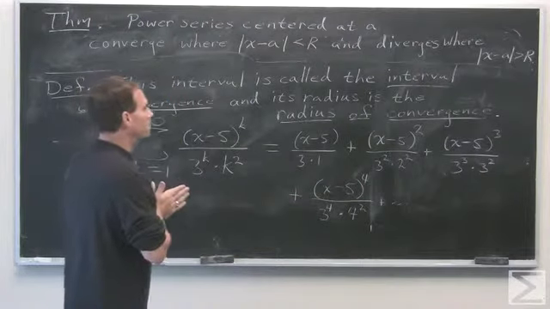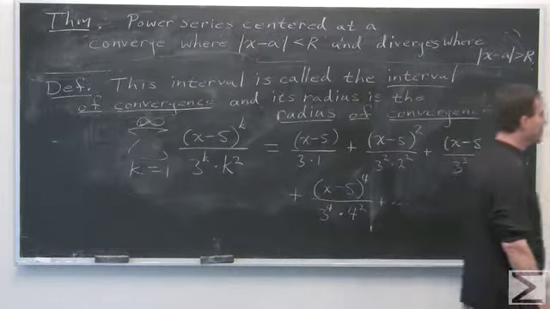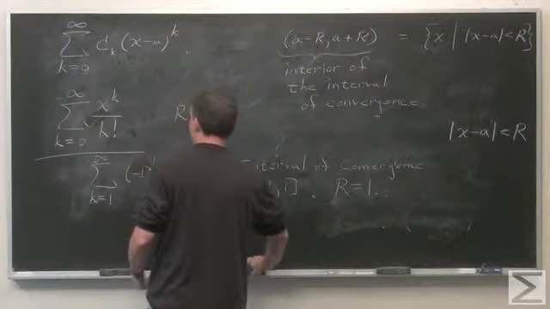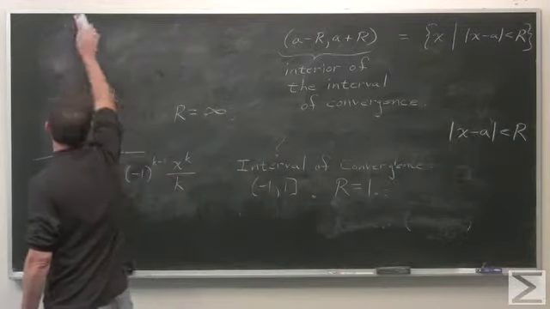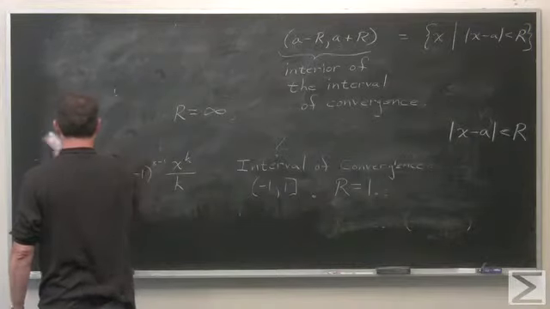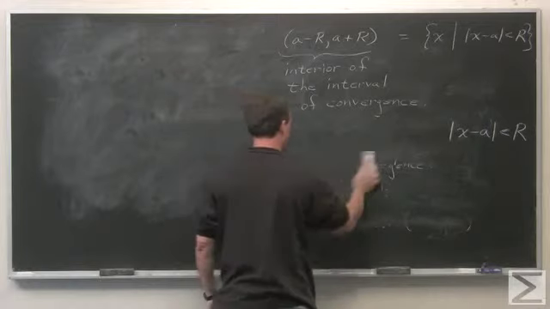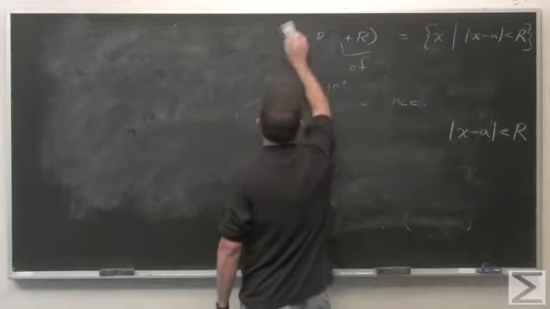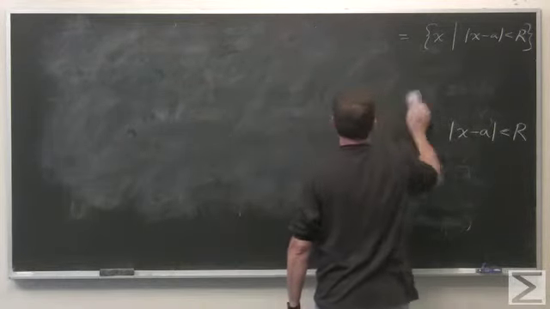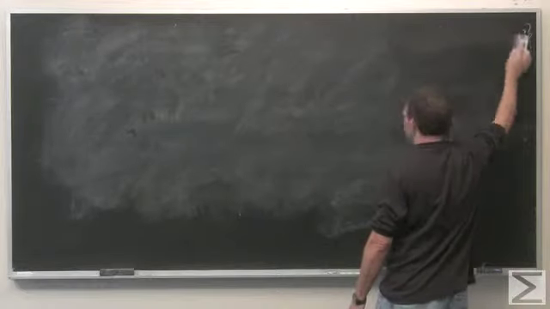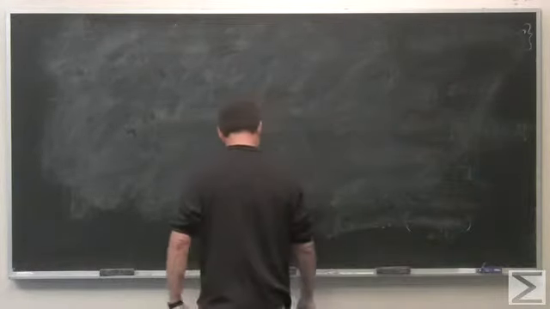So let me state it. In the book, I wrote kind of a more general ratio test that can help in some interesting circumstances. But what I'm going to state now is how the ratio test is pretty much always used. It looks easier than the statement in the book.